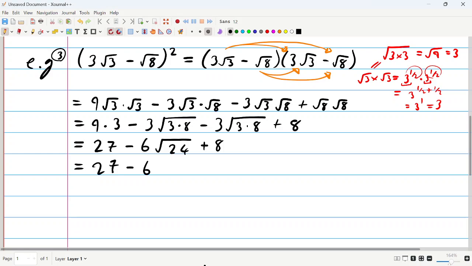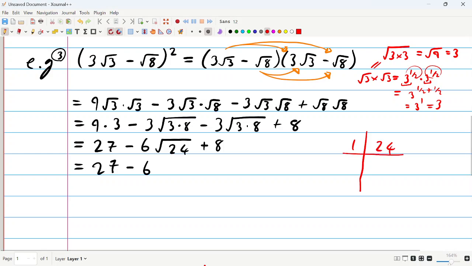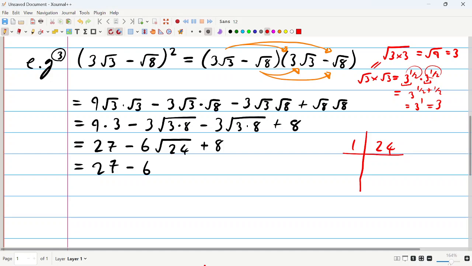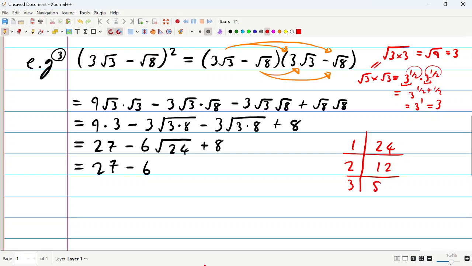What is a perfect square that we are going to get? If we say 24, so 1 goes into 24 times. Then 2 gives us 12. If we divide again, we can do 3 and it will be 8. There's still no perfect square.